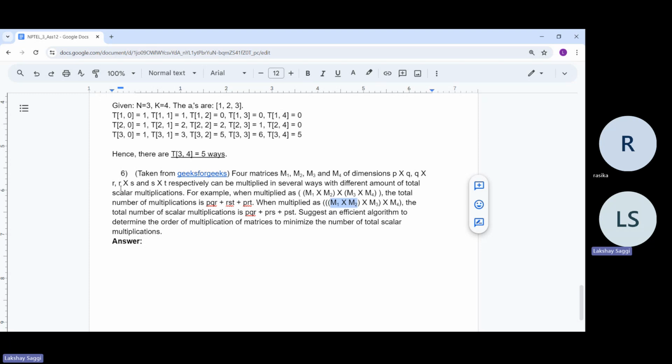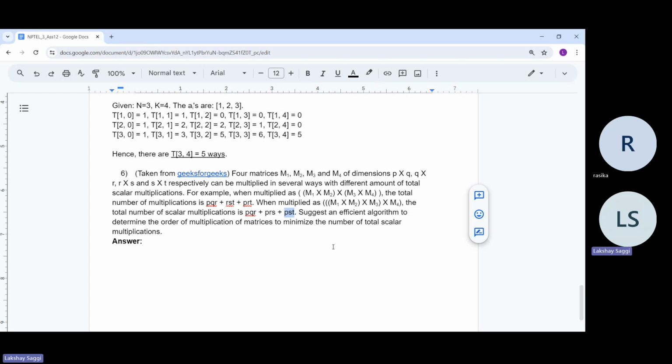Note that M3 has dimensions R cross S. So this is a P cross R matrix, which gets multiplied with R cross S. So this takes PRS time. And now the resultant matrix becomes of dimension P cross S. And when this is multiplied with a matrix of dimension S cross T, this will take PST time, which is given here.